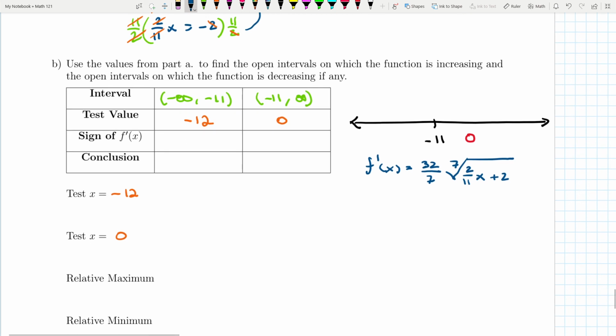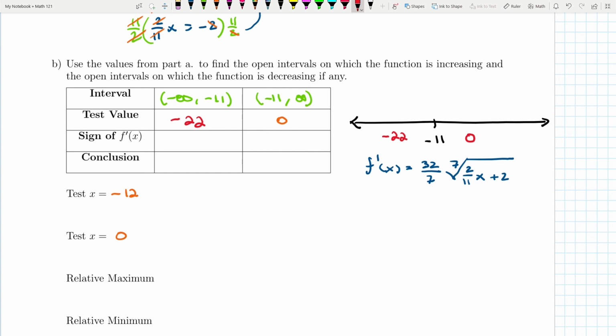I would like to use a number for x that can be divided evenly by 11. Unfortunately, the negative 12 that I chose initially is not going to work nicely. So I'm going to use negative 22 instead, because 22 is a multiple of 11, or negative 33, or negative 44, a number that is easy to compute.